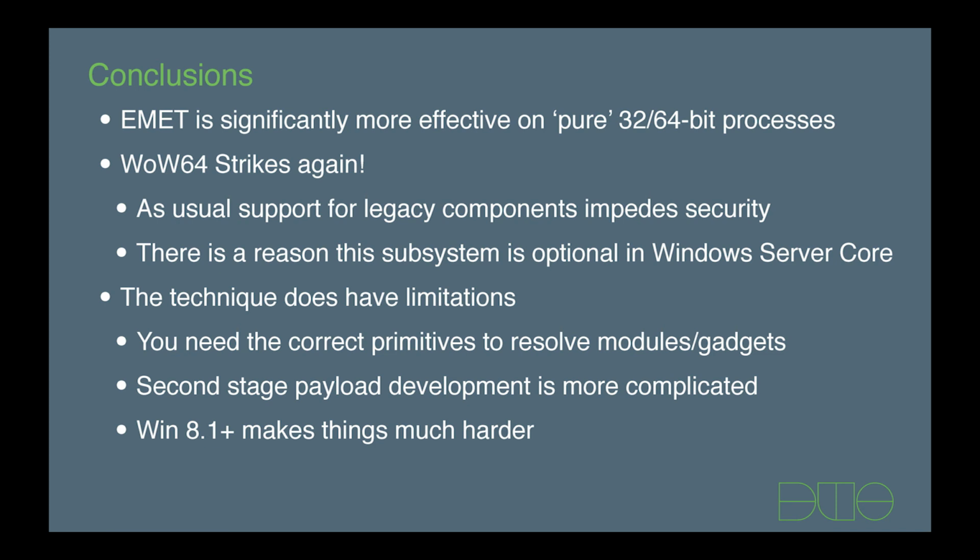It's been the cause of multiple security issues, or at least multiple security bypasses. This is a classic case of legacy components impeding security, our desire for compatibility holding back enhancements to our software. This is an optional component in Server Core, so if you're not running 32-bit software on a Windows server, you may want to make sure that it's not running.